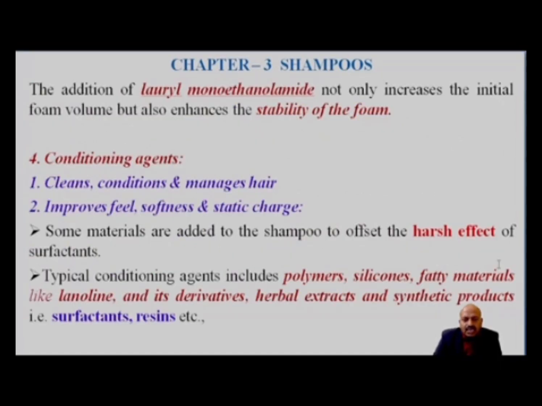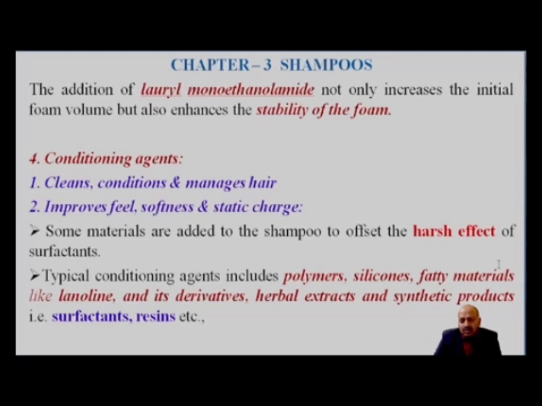And the fourth one is conditioning agents. The main concept of conditioning agents is that they cleanse the hair, condition and manage the hair. Second point, improves the feel, softness and static charge. This is about the property of the conditioning agents. So some materials are added to the shampoo to offset the harsh effect of surfactants.